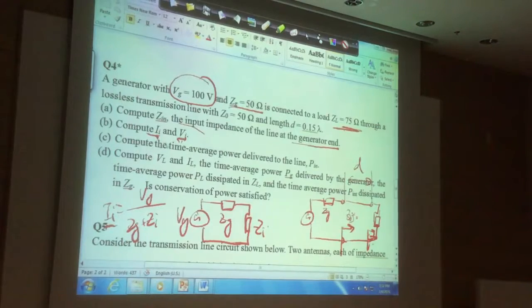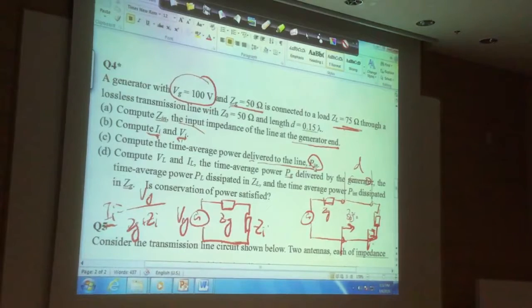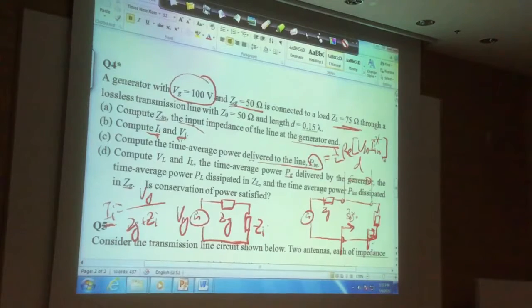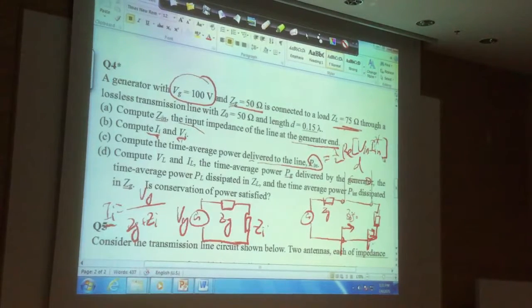Then calculate the time average power delivered to the line. This is input impedance. Input power is equal to 1/2 real part V in I in, conjugate. Yes, you are right. Might have the conjugate. Okay?